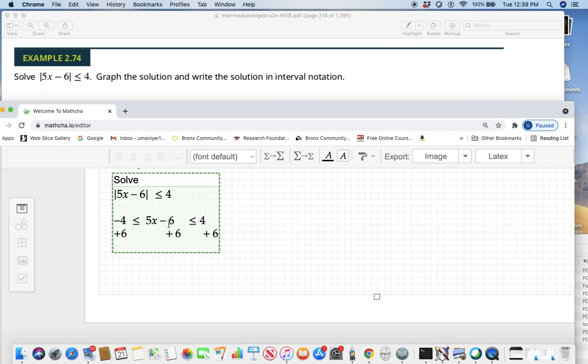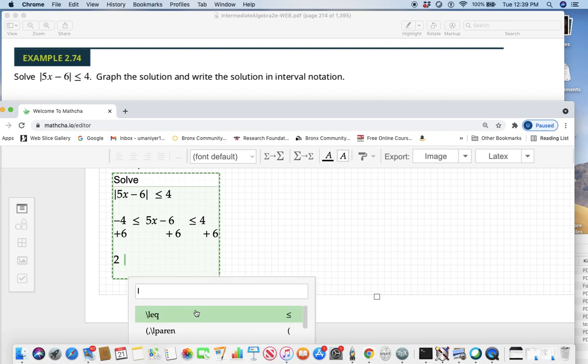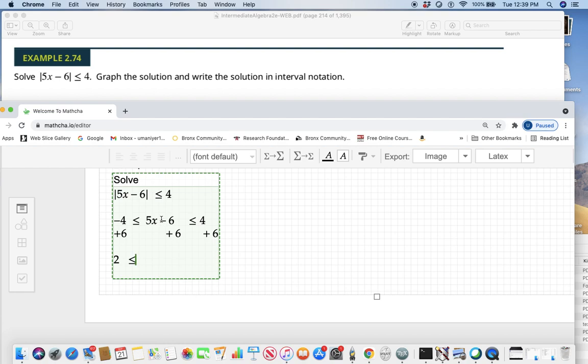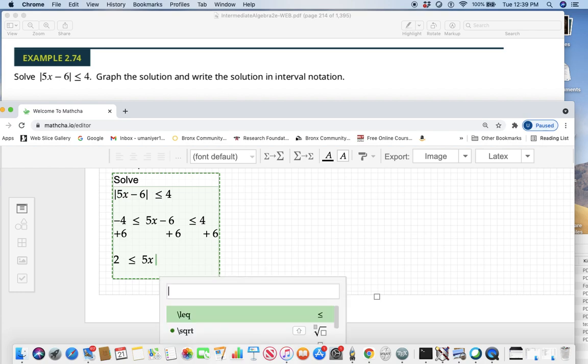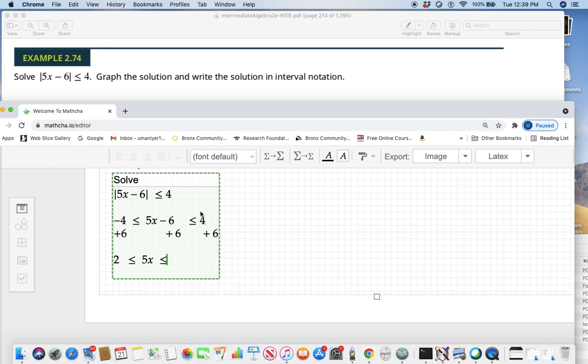I want to solve for x, so get rid of the negative 6 by adding 6 to each part of these inequalities. Negative 4 plus 6 is plus 2, less than or equal to 5x minus 6 plus 6, they cancel. You are left with 5x, less than or equal to 4 plus 6 is a 10.